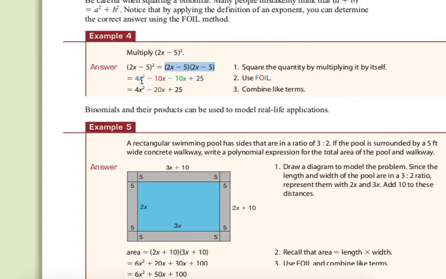When you do that, okay, 2x times 2x is 4x squared. The outside is negative 10x, and the inside is negative 10x. The last is going to be negative 5 times negative 5, that is positive 25. You combine the like terms and you have negative 10x plus 25.